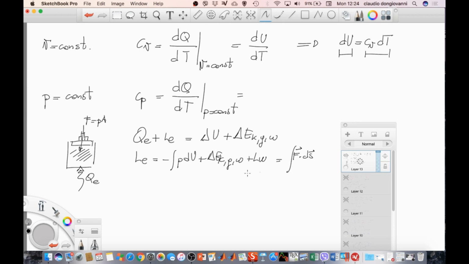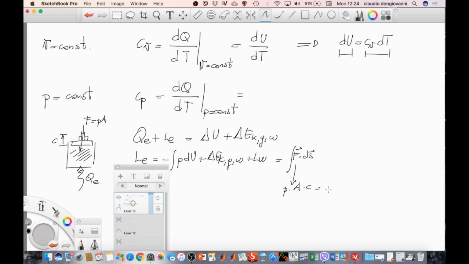In this case, the force will be equal to P times A. Perfect. And the displacement? Okay, the additional stroke, this piece of stroke related to volume. So it is equal to delta V over A, where delta V is the variation of volume, okay, as you suggest.